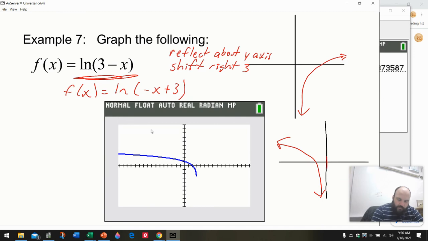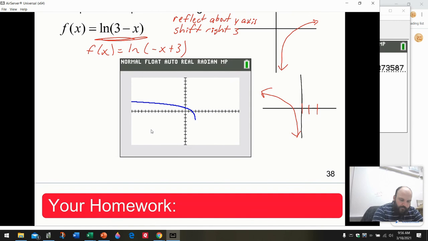So it would come to the right, 1, 2, 3. So now you can see it up there, but I'm going to sketch it also. Your graph will look something like this. So we reflected, and then we shifted to the right 3.